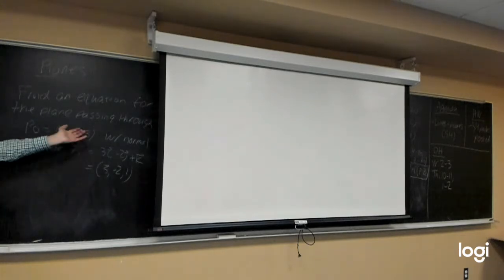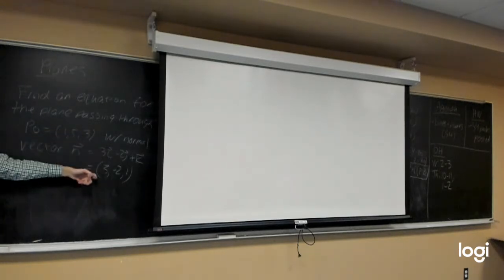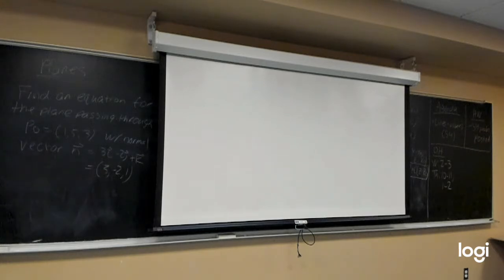So we want a plane that passes through this point and has this normal vector.